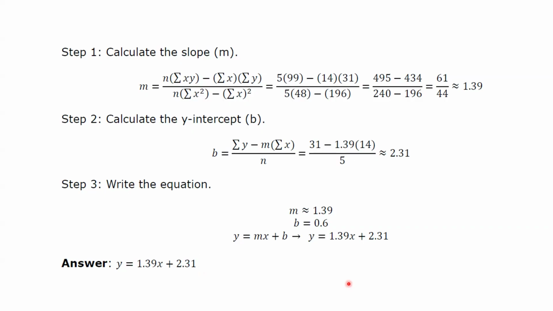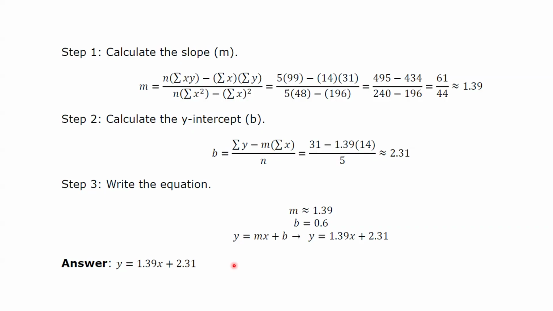So now let's talk about what the slope and y-intercept mean, because you'll need to know that. So our slope here is 1.39, and this tells us that for each 1 unit increase in x, y increases by approximately 1.39 units. That's the rate of change. Okay. The y-intercept, which is the 2.31, tells us that when x equals 0, the predicted value of y is 2.31.